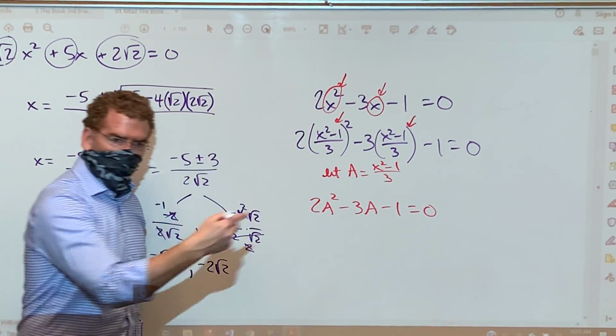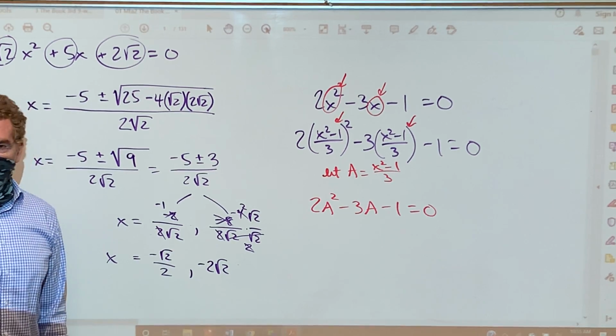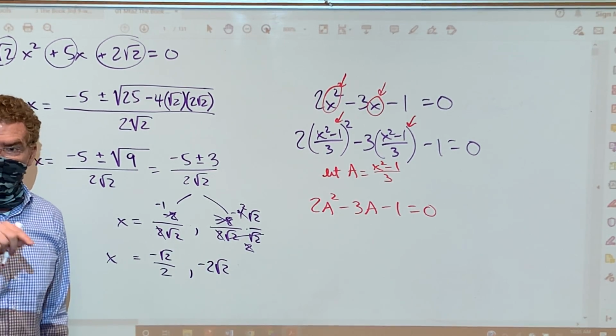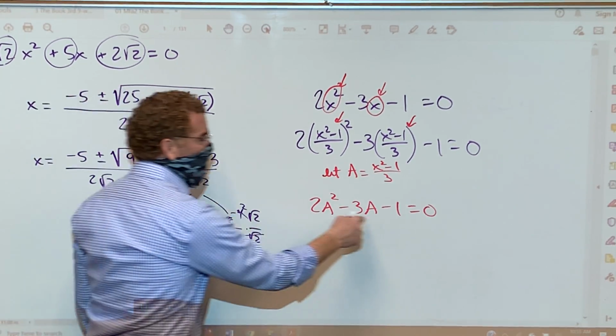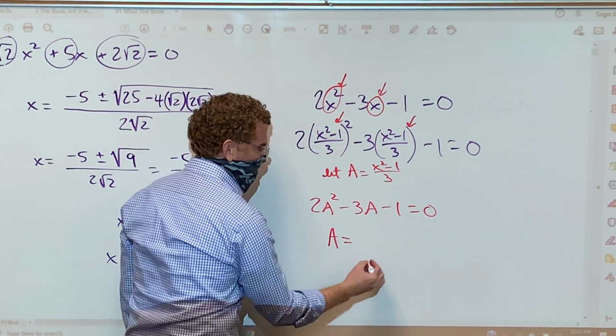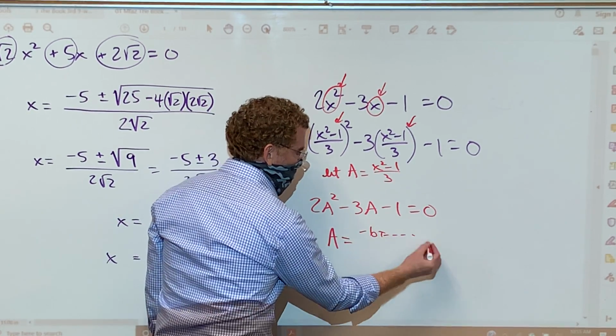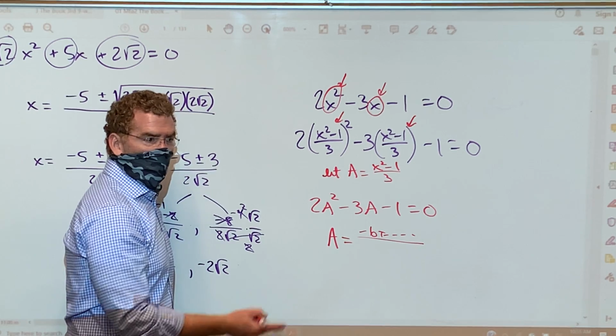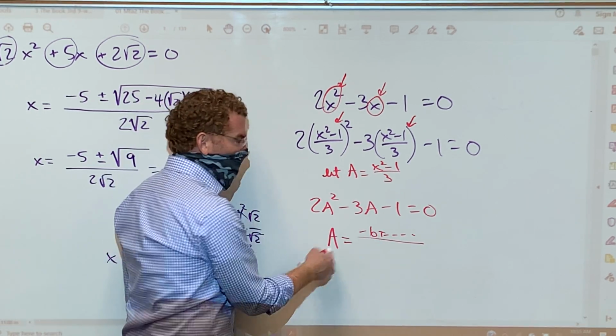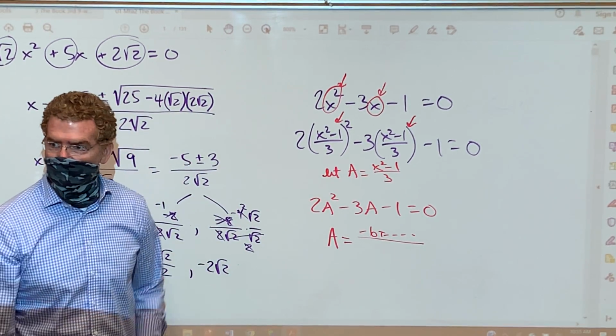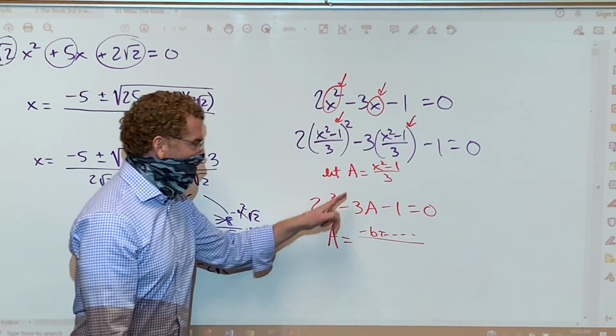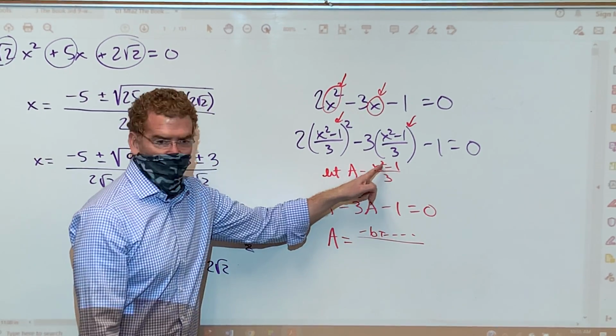And then it will look like a quadratic. You can go ahead and use your quadratic formula, but when I'm using the quadratic formula, here I would be saying A equals all that negative B plus or minus junk, right? So when you're done solving for A, what do you go back and do? You plug your A values back in here and solve for X.